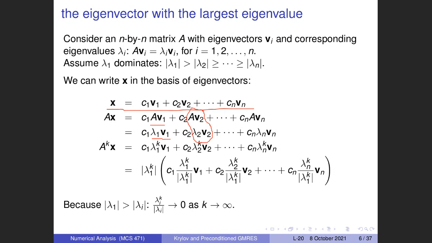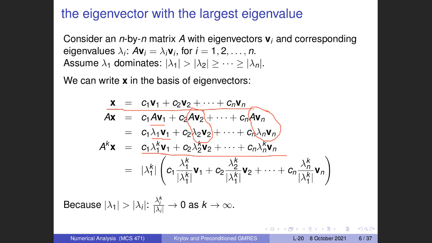If we make a step from one product to the kth product, we can repeat this simplification, exploiting that we have an eigenvector-eigenvalue pair, and come to this relation here.